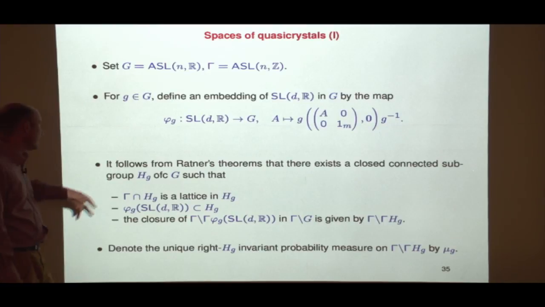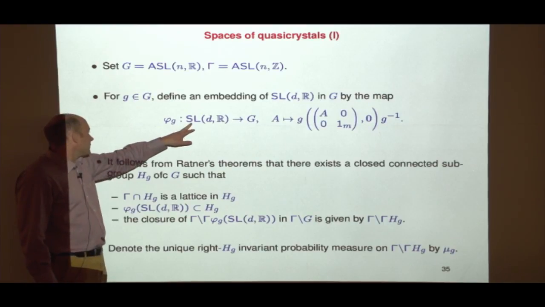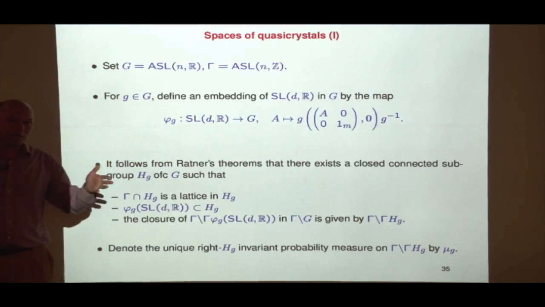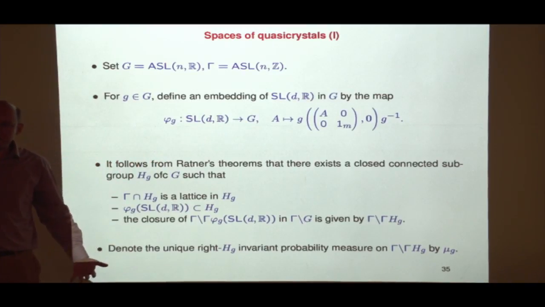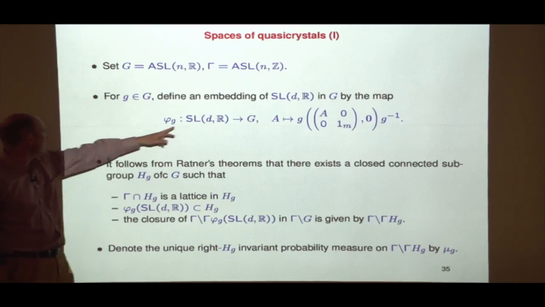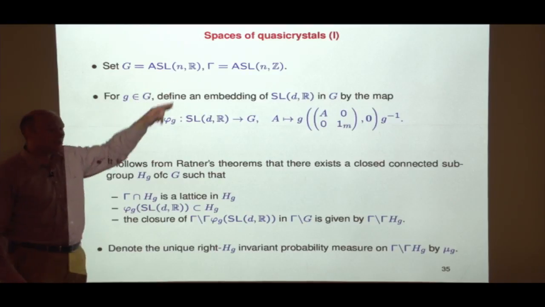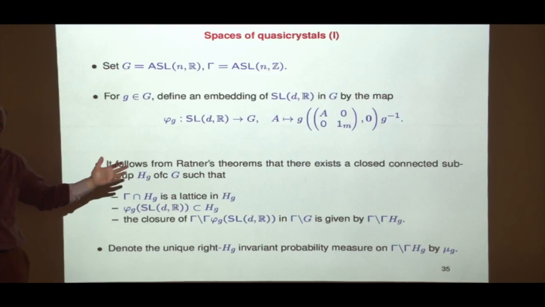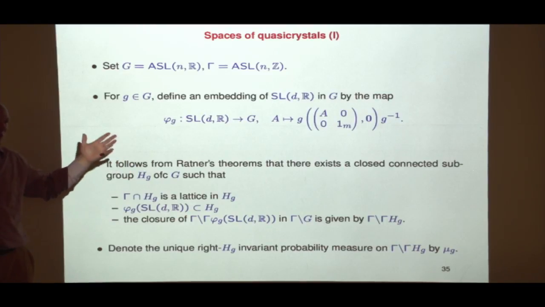And now what we want to do is understand how this SL(d,R) action acts on our big lattice, because now we have embedded everything in R^n. So we want to embed this group, SL(d,R), in ASL(n,R), which parametrizes the space of our big lattice that we use in the construction.